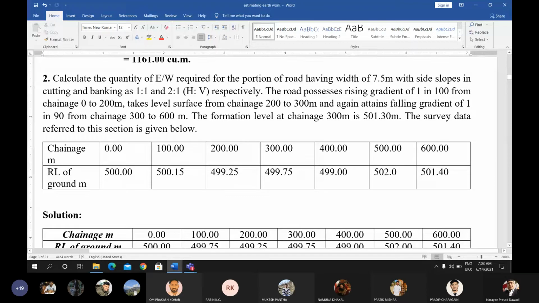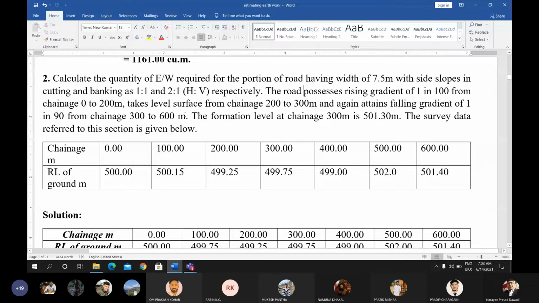And again it attains a falling gradient of 1 in 90 from chainage 300 to 600 meter. Again there is a downward sloping gradient, that is the falling gradient, from chainage 300 to 600 meter. That is, the RL of the formation level of 300 meter is greater than that of 600 meter.